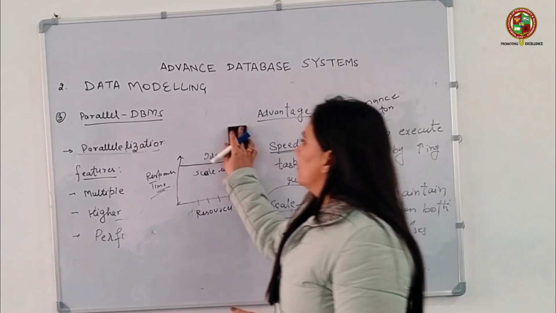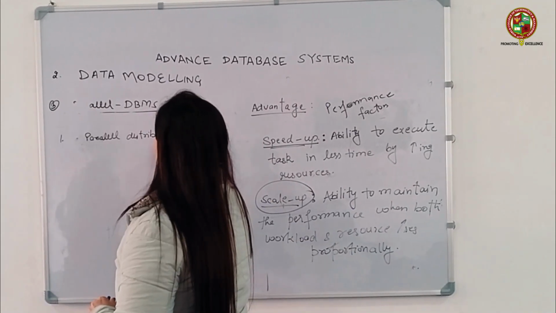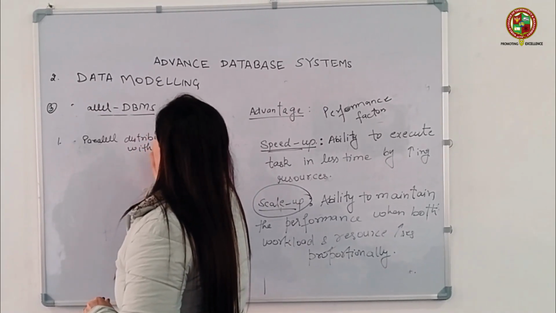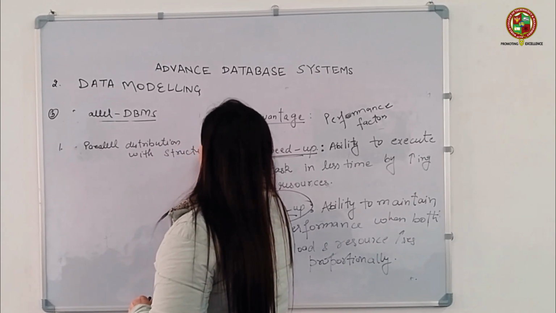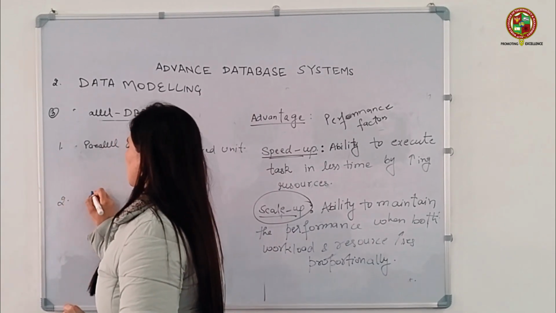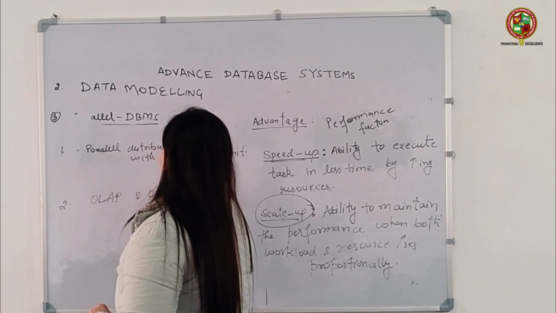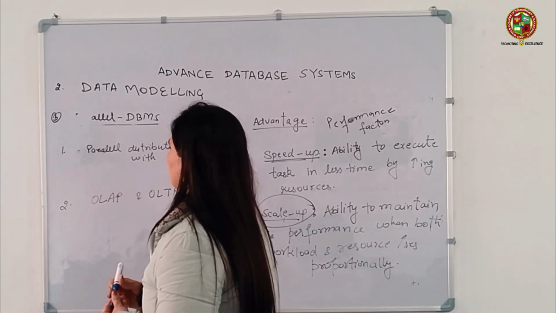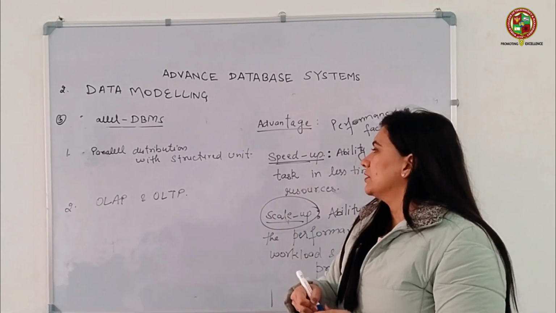Then one important advantage of the parallel database is the parallel distribution with the structured unit, and it also uses the concept of OLAP and OLTP, right? In the database, we have the structured unit.